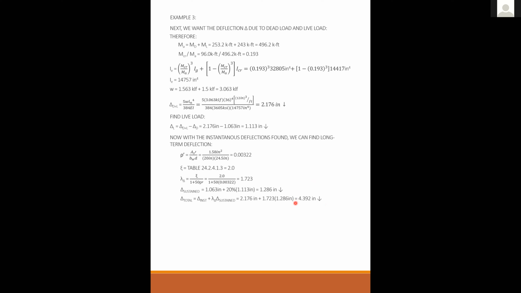Okay, that makes sense. That's why this is a totally different independent check. You could have a beam that has an acceptable amount of deflection, but it fails the strength requirement. So it doesn't work. You can't do that. Or you could have a beam that totally passes the strength requirement, but has an uncomfortable level of deflection.